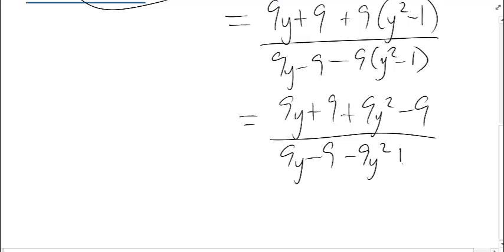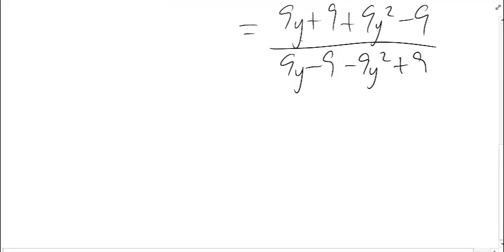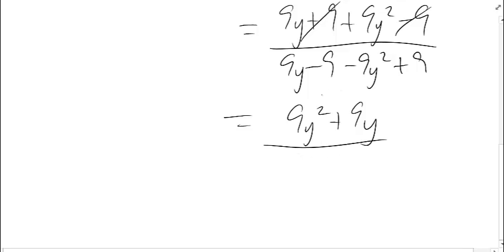And here's the most important part, plus 9. That can be tricky. Notice that when we put these together, those plus 9 and minus 9 cancel, so we get 9y squared plus 9y over, cancel again, negative 9y squared plus 9y.